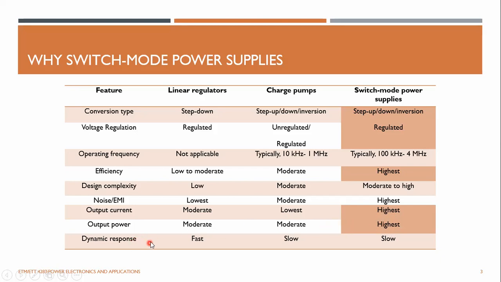Dynamic response is related to a step load change, like when you change your load from 0 to 100%. So this is your load. You have 0 milliamps and suddenly you change it to the maximum load, let's say 1 amp load current. So you just switch your load.